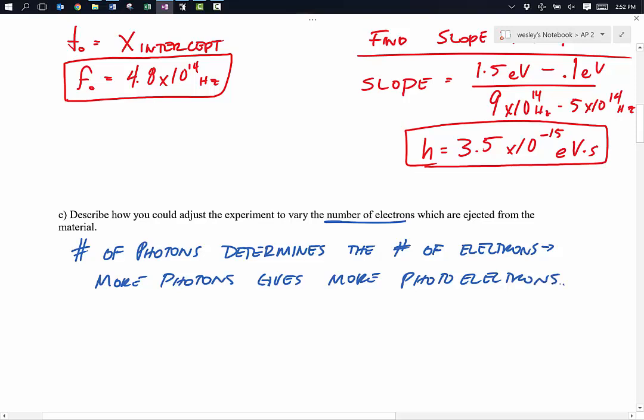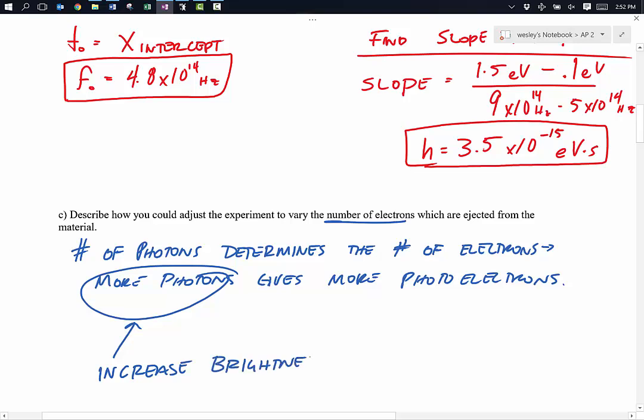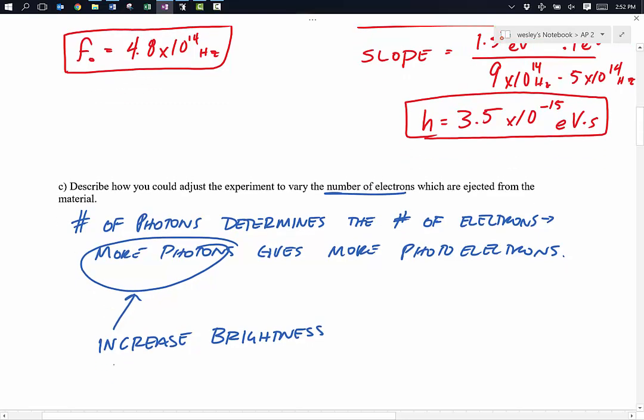So whatever we do, we need to get more photons. In order to make that happen, we're going to increase the brightness of the light. That gives us more photons. In the photoelectric effect, brightness tells me number of photons.